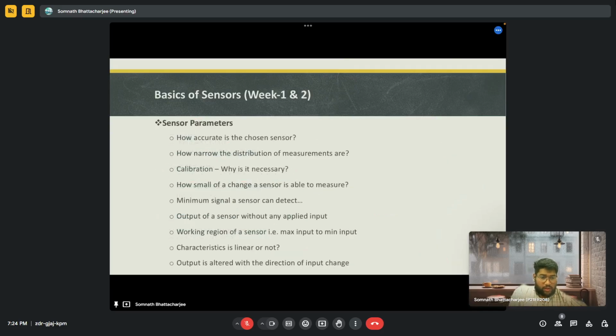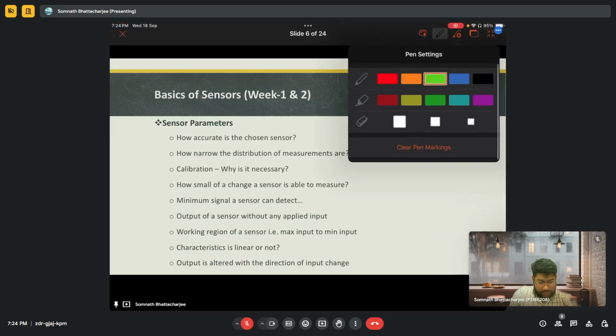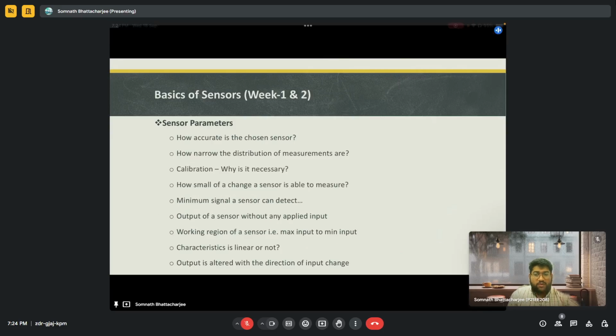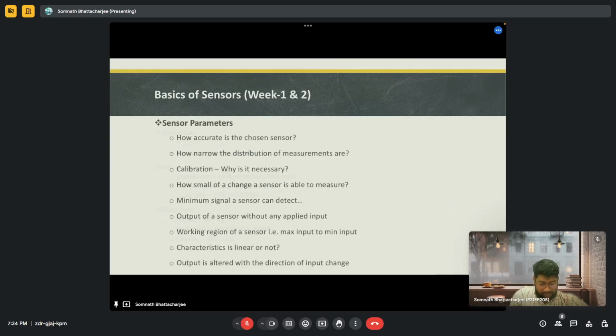Now, the main thing to learn is our sensor parameters, how to characterize a sensor, and whether the sensor is good for your use case or not. There are around 20 parameters, but I have outlined a few of them.